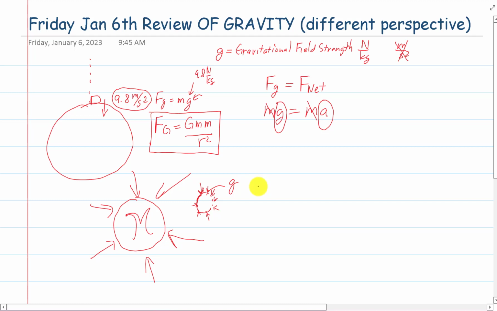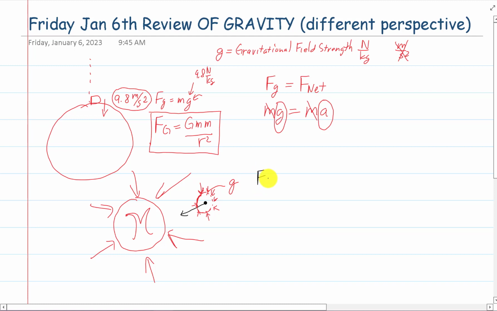What does that mean? It has the potential to apply a force if I put an object there. So if I put a small mass there, it will have a small force pulling it. How much will that force be?